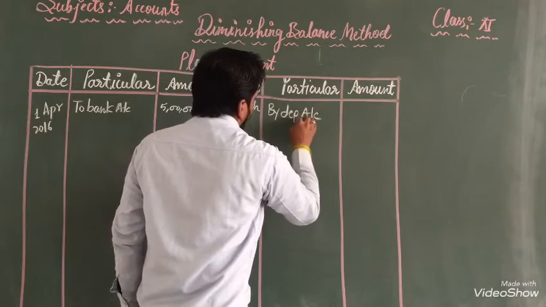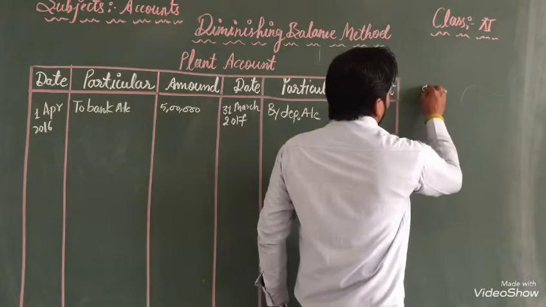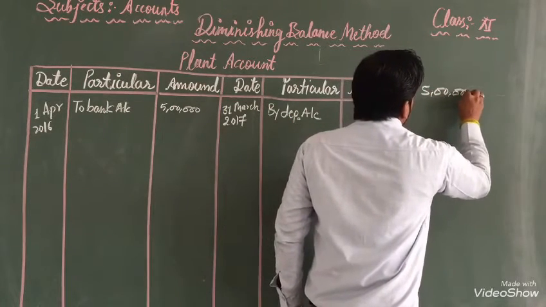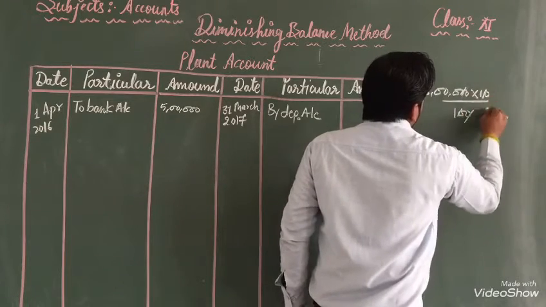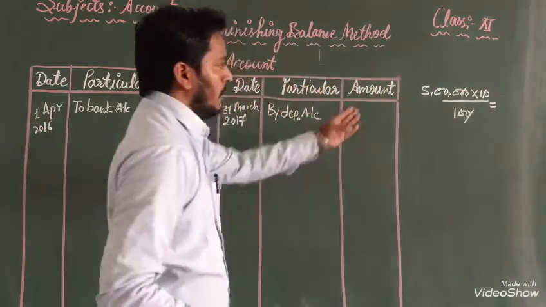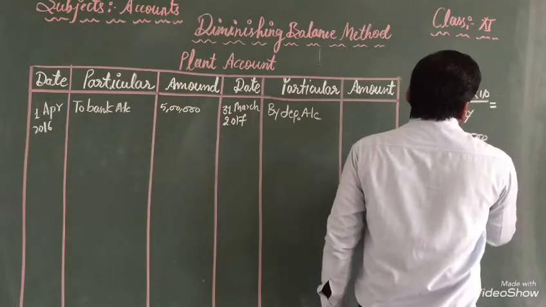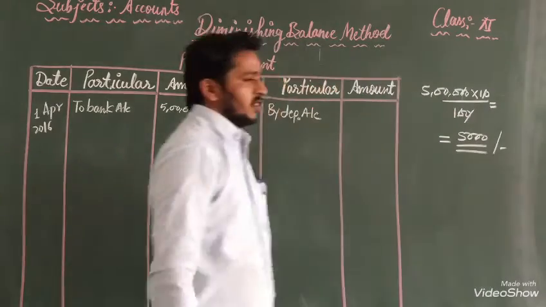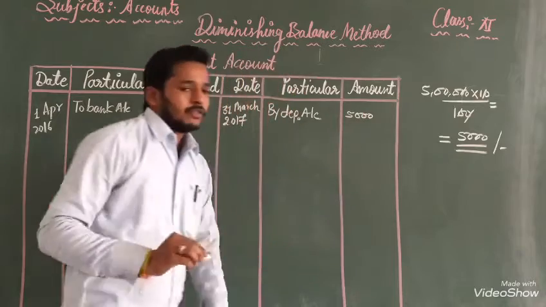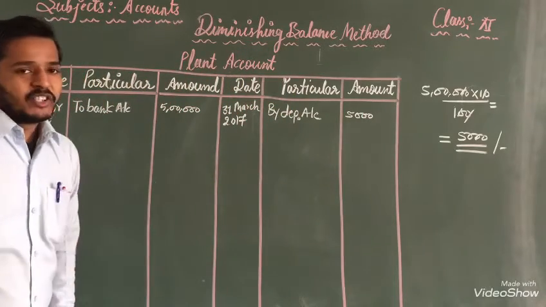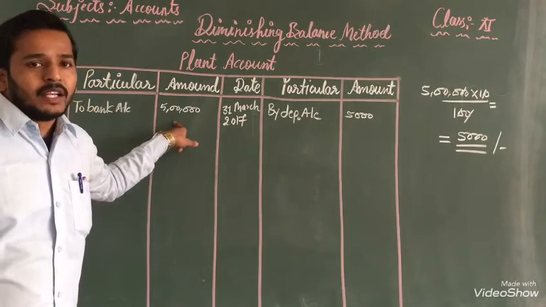With the help of that, the entry will be by depreciation account. Depreciation we have to calculate. This is the process: 5 lakh times 10 by 100. Suppose we got 50,000 as depreciation. This is the depreciation value for 1 year of the machine whose value is 5 lakh.